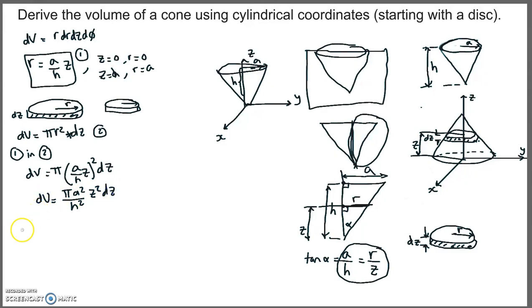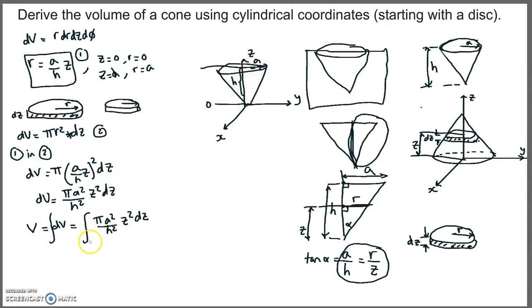And to find the volume of the cone, we just need to do a single integral. So V equals the integral of dV, which is the integral of pi a squared over h squared, z squared dz. And we're integrating over z, so z changes from z equals 0 all the way until z equals h, which is the height of the cone.